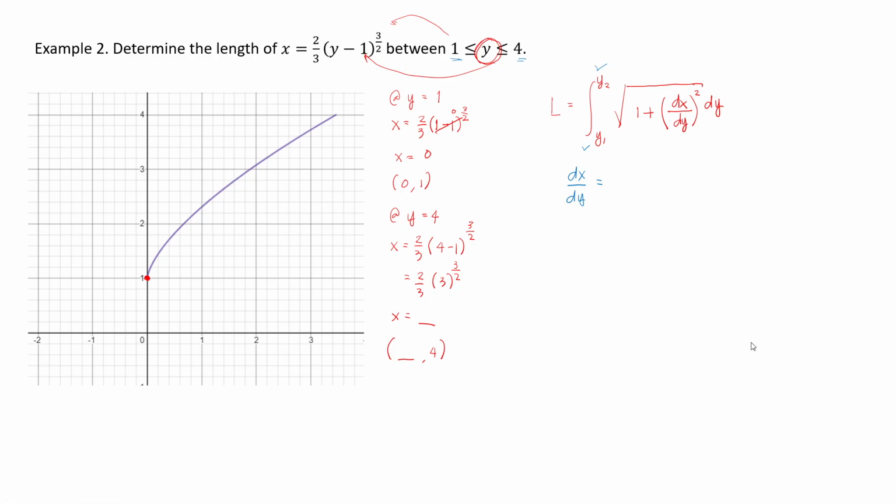Let's write first the equation. So x is equal to 2/3 times y minus 1 to the power of 3 halves. Okay, so getting the derivative dx over dy, so this is going to be 2/3.